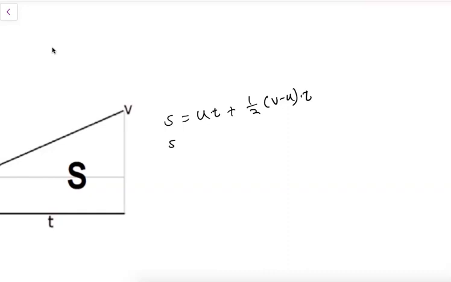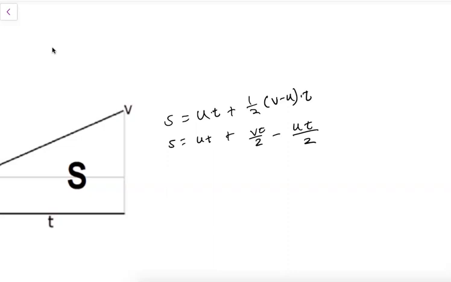So I have s is equal to ut plus vt over 2 minus ut over 2. I just multiplied t by both v and u, and then I multiplied 1/2 by both v and u.